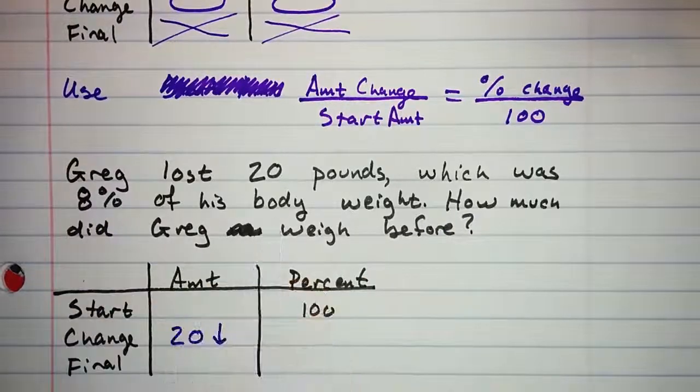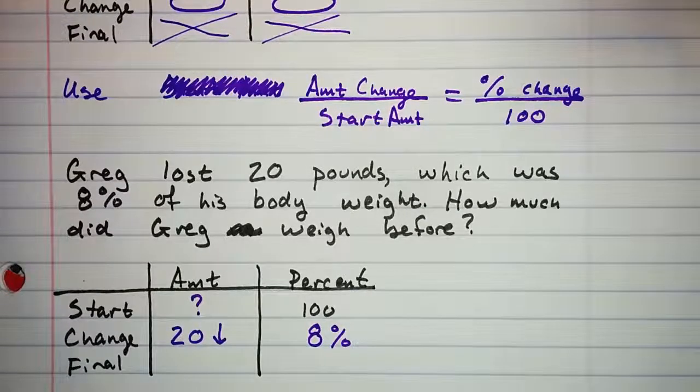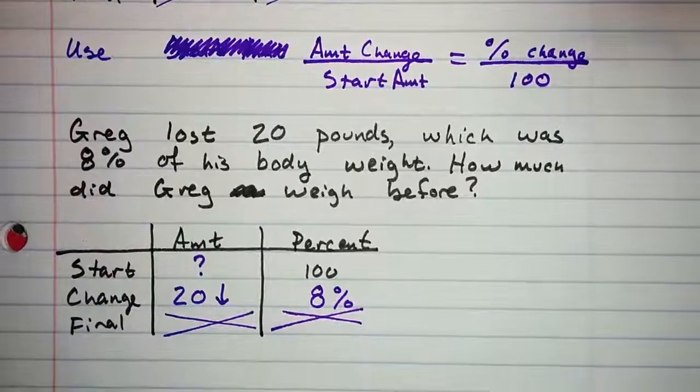So the change was 8%. And we'd like to know how much did he weigh before the change? What was his starting weight? And as you can see, we're not interested in his final weight, and we aren't interested in the final percent.